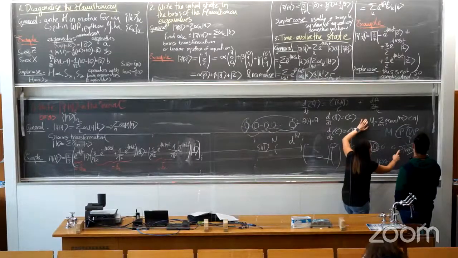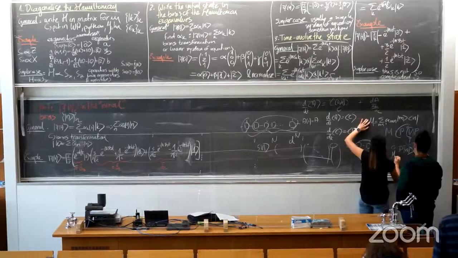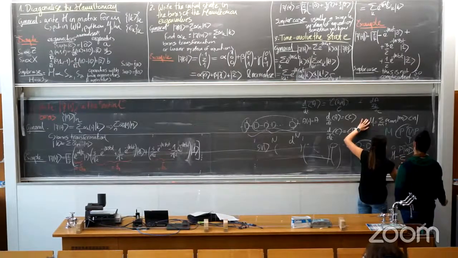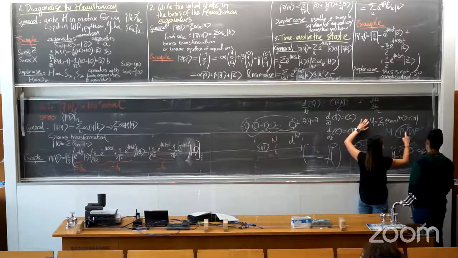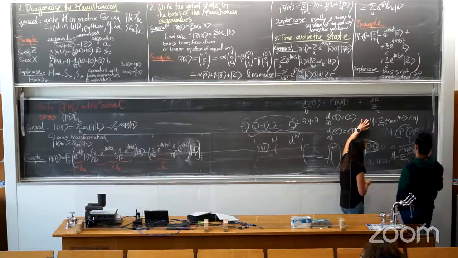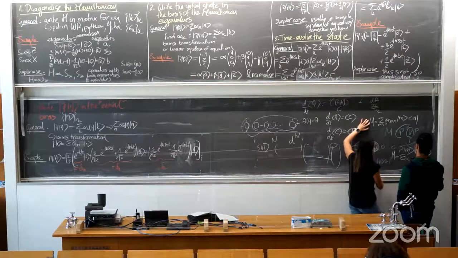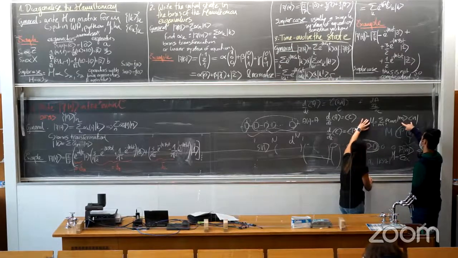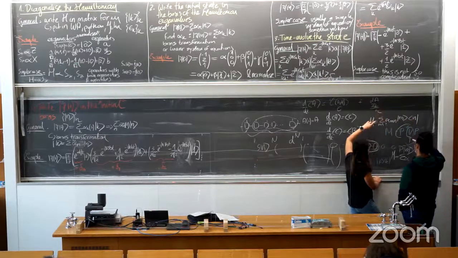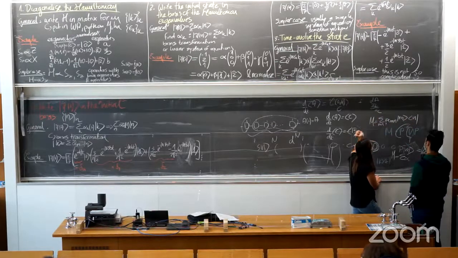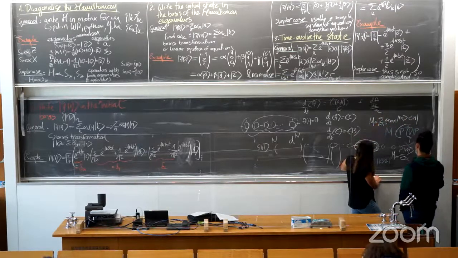If I write M as a sum over K, these are the eigenvectors of M. So this is just the basis, and I write the matrix in it. Now I want to write the matrix as a diagonal matrix in another basis. So how do I do it? I diagonalize it, and then I have this V matrix.